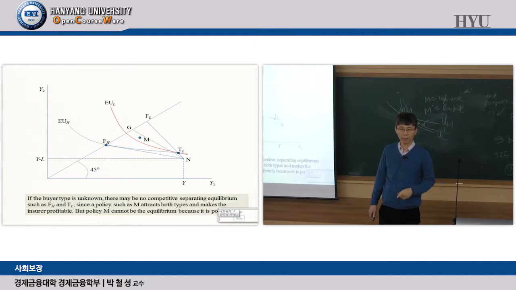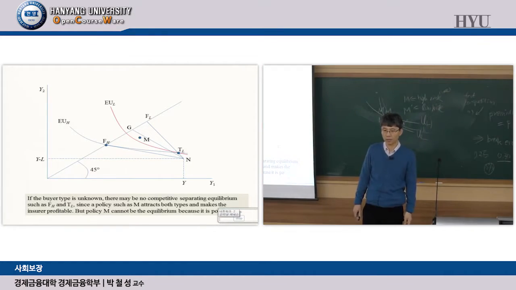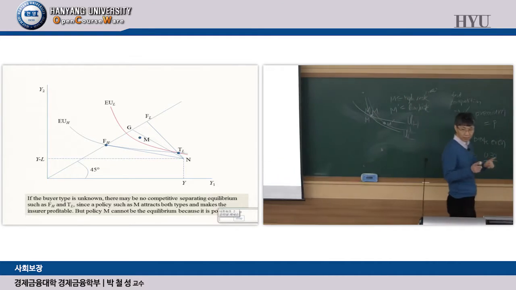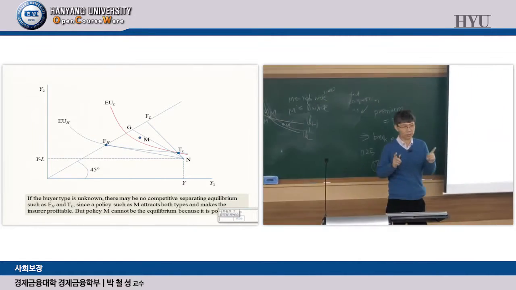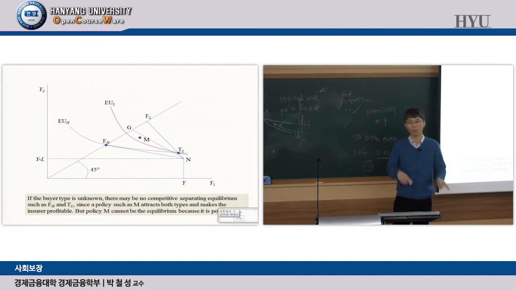risk. But they know the probability of accident for high risk and the probability of accident for low risk. Okay? So when they sell the insurance and try to sell it to high risk only or low risk only, then high risk insurance should be on this line because of the market competition.